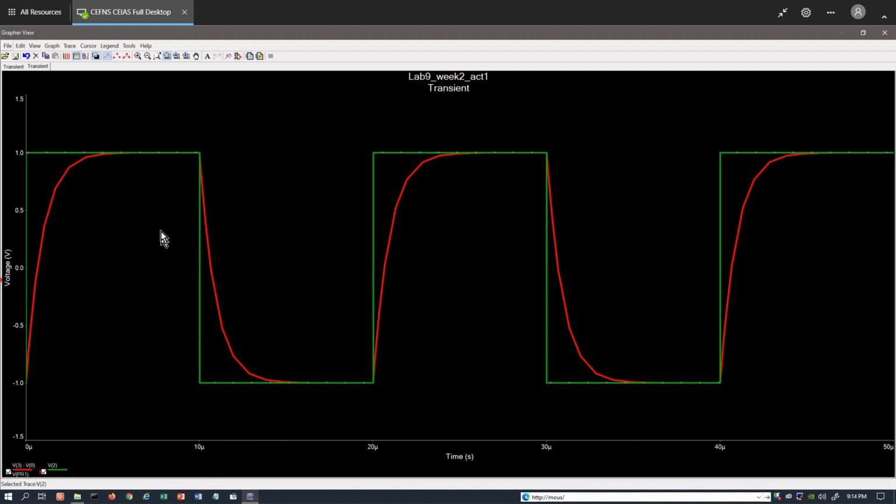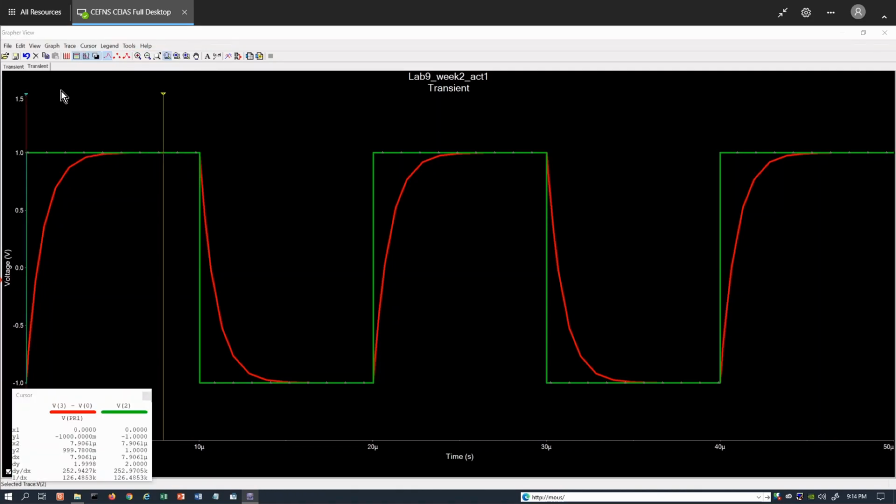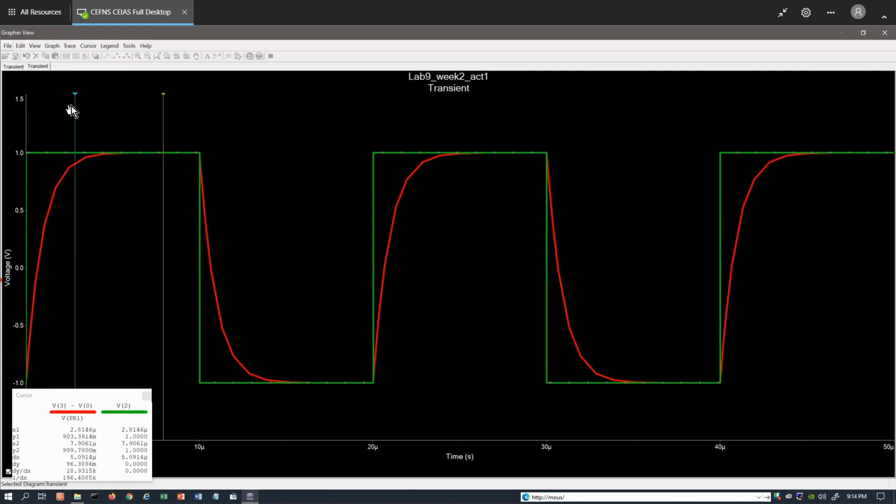To do this, we need to use cursors, just like we did in the oscilloscope. So we want to show the cursors, and you see there's cursor one and cursor two.